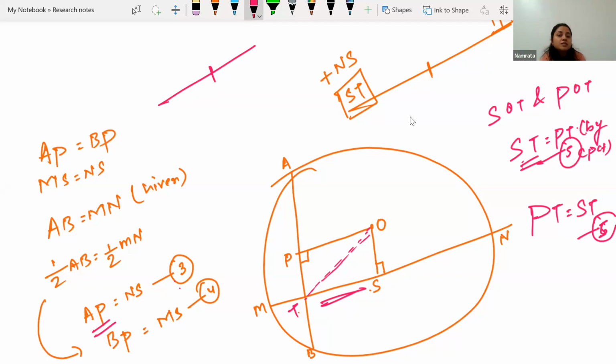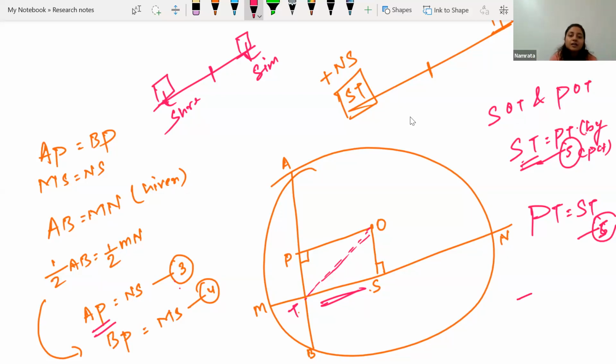If two persons are sitting on a seesaw, and here a girl named Shreya is there, and here Simran is there, then even though they change their places, still they will be equal with each other, nothing will change. That's what we are saying. ST, PT same or PT, ST same. It's the same thing.